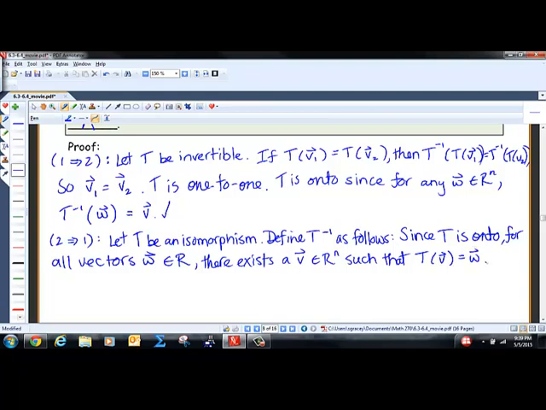So, because T is one-to-one, what does that mean? Remember that one little fact? If it had an inverse, the inverse was unique, right? So V has to be unique.